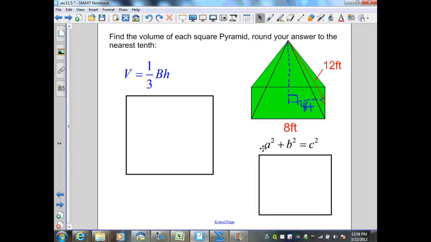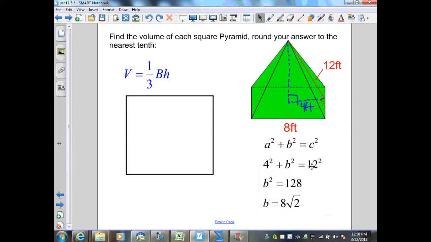Therefore, when I substitute into the Pythagorean theorem, a squared plus b squared equals c squared, I get 4 squared plus b squared equals 12 squared. Therefore, b squared, when I simplify, is going to be 128. And then, when I take the square root of both sides, that simplifies to the square root of 64 times 2, and the square root of 64 is 8, so 8 square roots of 2.